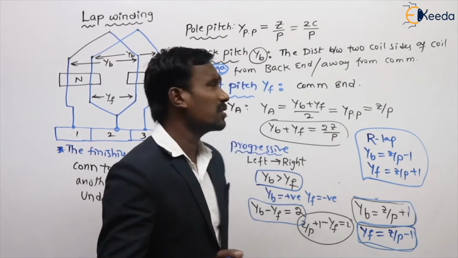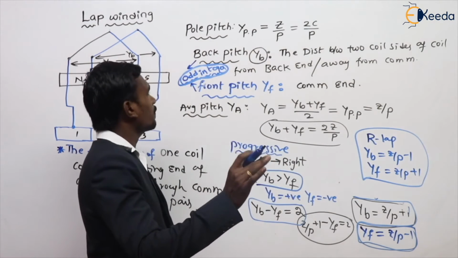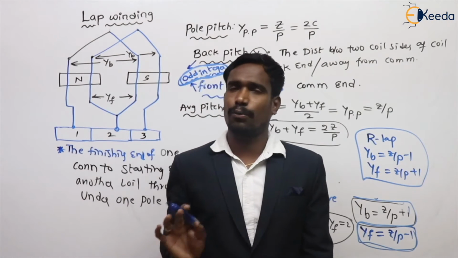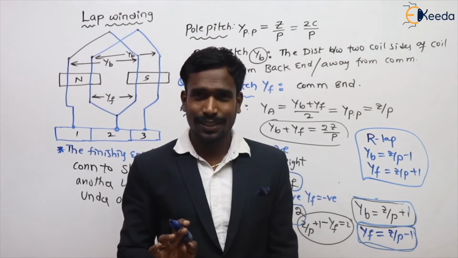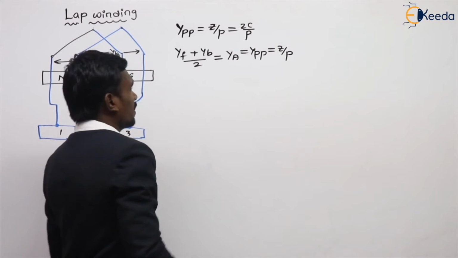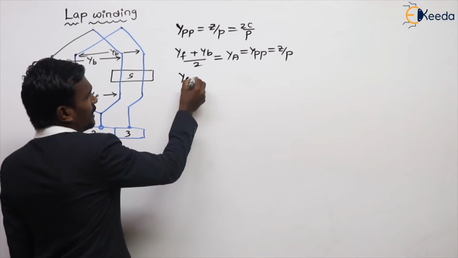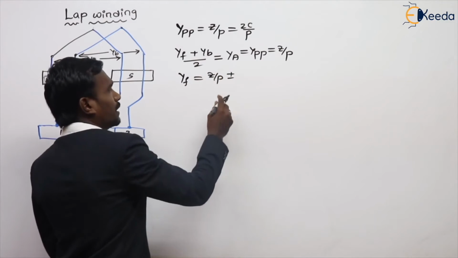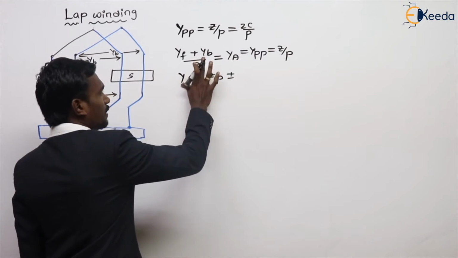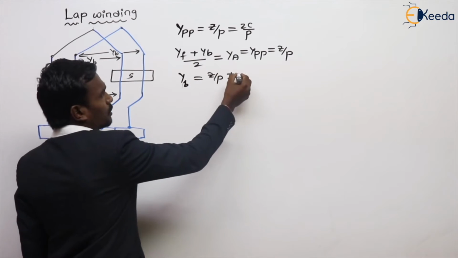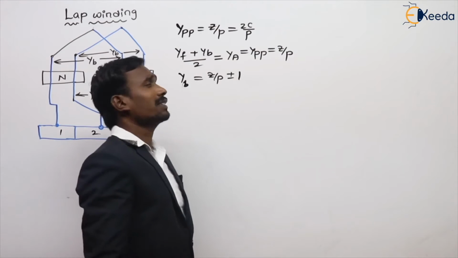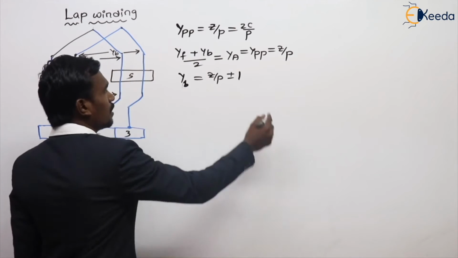So I just discussed pole pitch, back pitch, front pitch, average pitch, progressive and retrogressive lap windings. Next one: YB is equal to Z by P plus or minus 1, plus for progressive, minus for retrogressive.